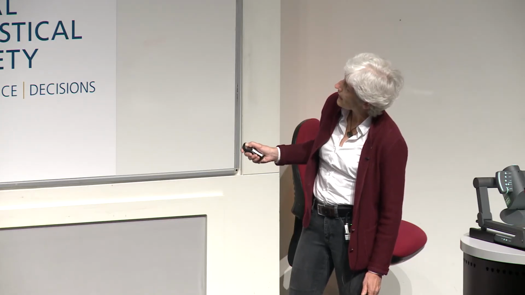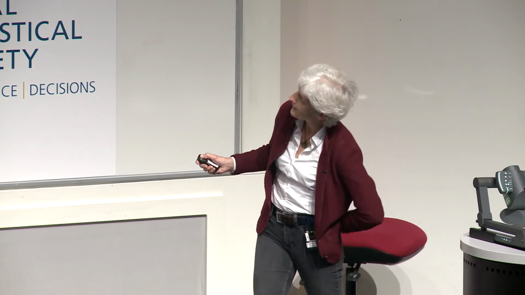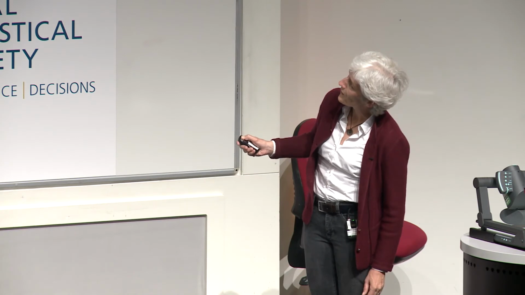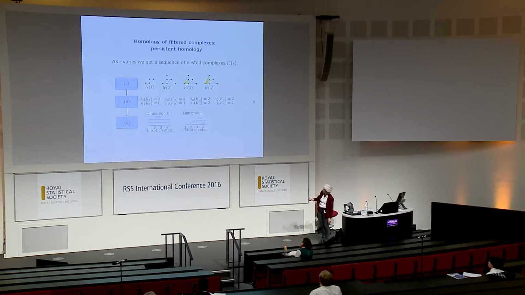Let's look at dimension 1: I have no 1 cycle here, I have 1 cycle there. That gets killed, there's no 1 cycle, this is just a blob. That gets killed at step 3, but I have 2 new ones at step 3, and one of them gets filled in at step 4, and so on.